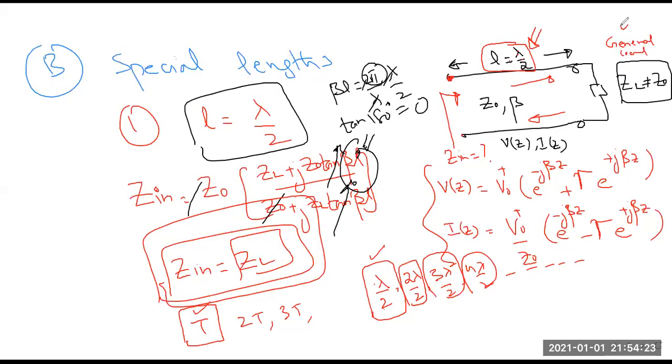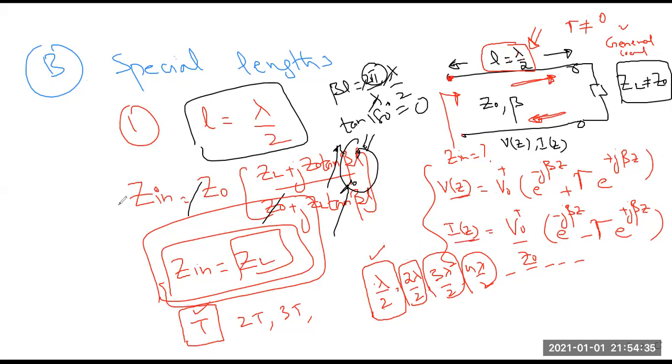Now let's consider another special length, and that is L is equal to lambda by 4. So I'm assuming that we are connecting a general load. So again, there will be incident wave and reflected wave, assuming that reflection coefficient is not zero. So total voltage and total current can be represented by this.